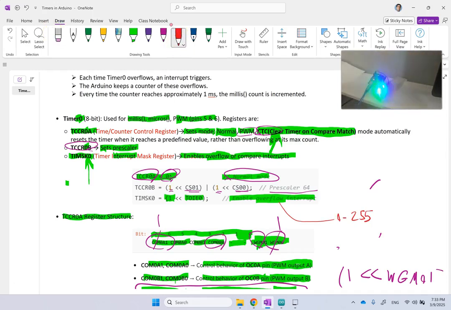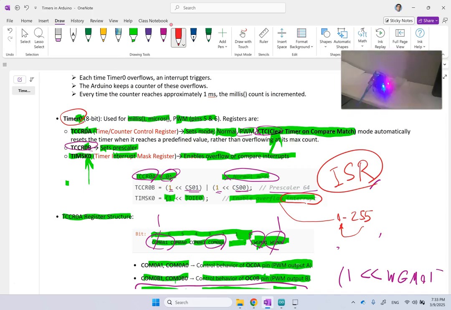Let it overflow, let it count to the max it can count. And when it reaches the end and wants to go back, go ahead and activate an interrupt for timer 0, and inside that interrupt and inside the function for it, which is called the interrupt service routine, ISR, in that ISR or interrupt service routine, you can do any operation that you want.